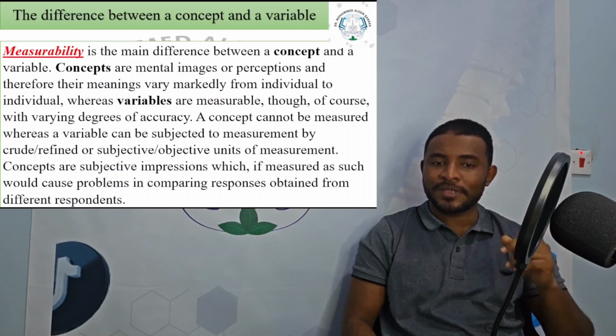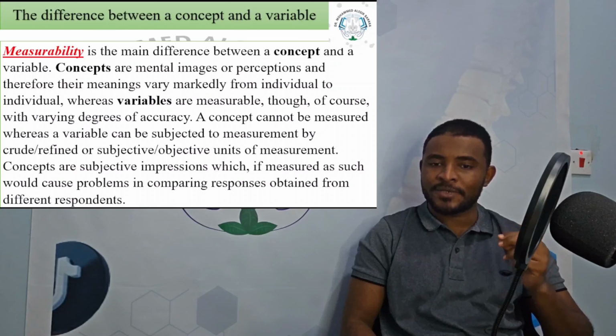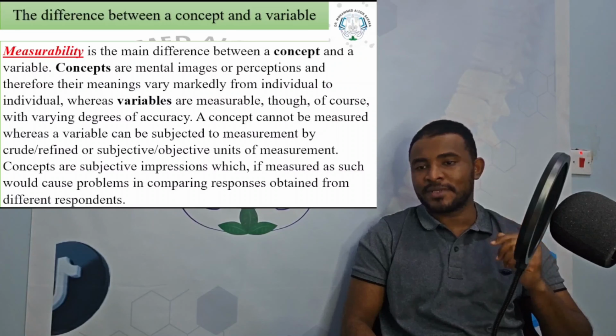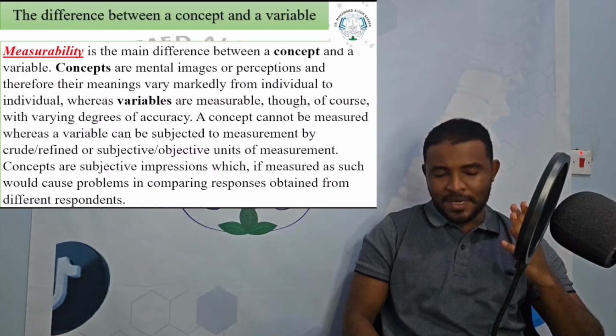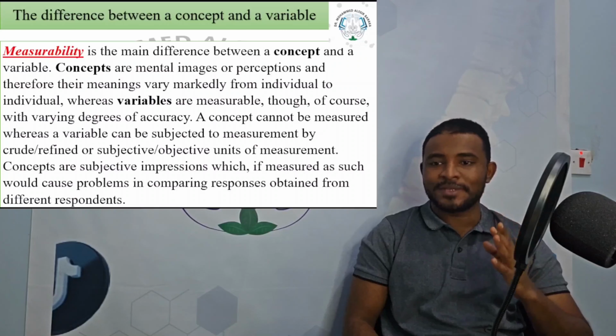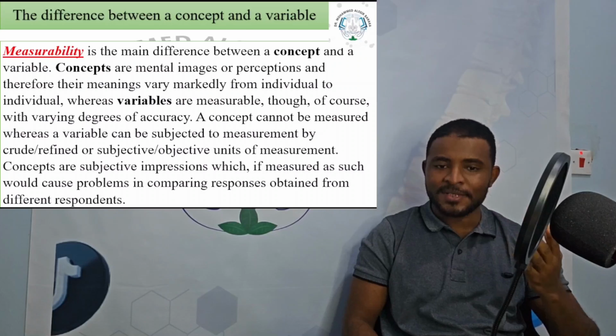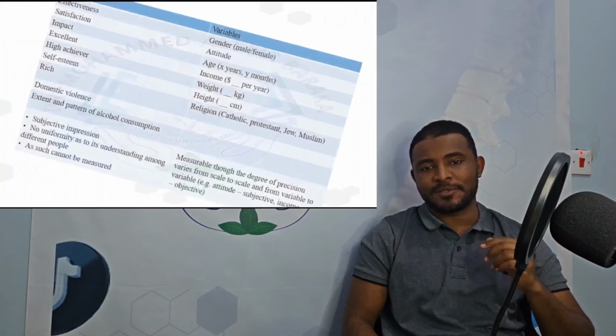A concept cannot be measured, whereas a variable can be subjected to measurement by crude, refined, subjective, or objective units of measurement. Concepts are subjective impressions which, if measured as such, cause problems in comparing responses obtained from different respondents. So variables should be measured accurately, whereas concepts, you can measure them, but there are different measurements and different responses from different respondents. This is the main difference between concepts and variables.